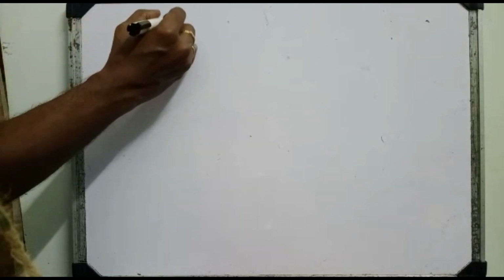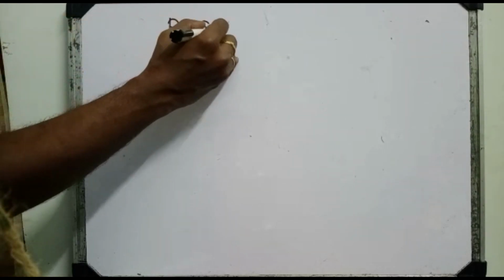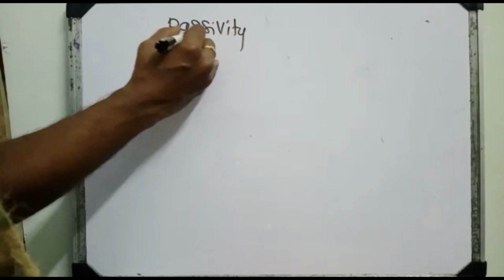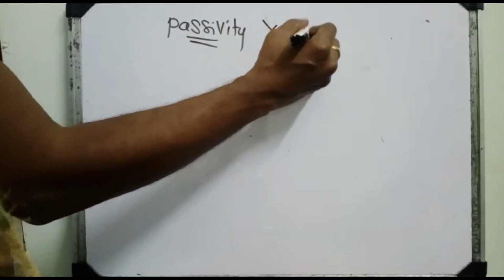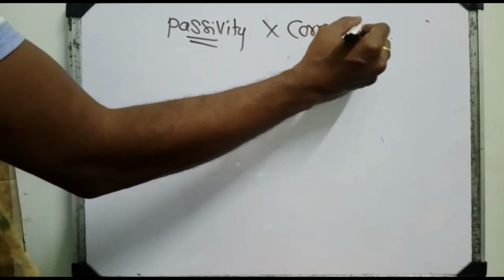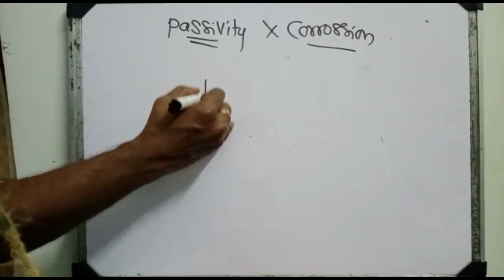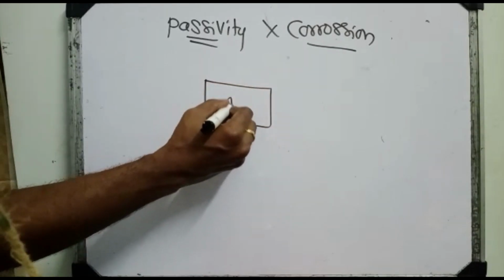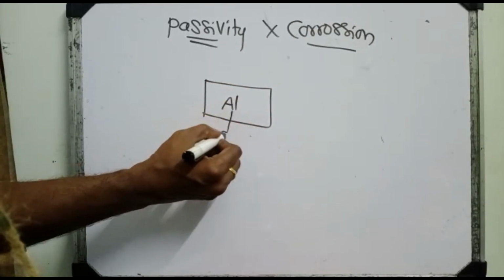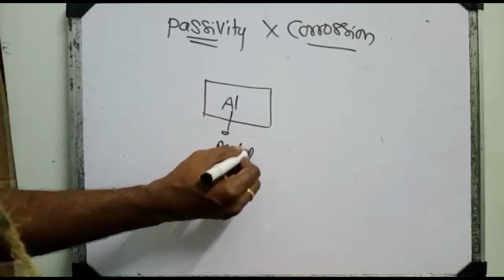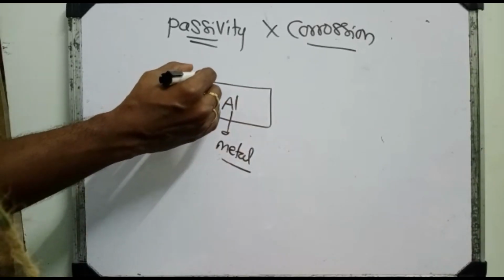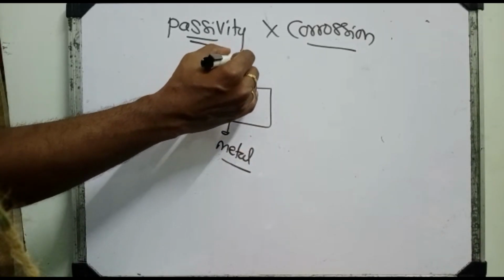Next, the last concept, passivity. See, this is the opposite of corrosion. The best example is aluminium. Aluminium is a metal. Suppose you put it outside in the atmosphere. The atmospheric gases, what are they?